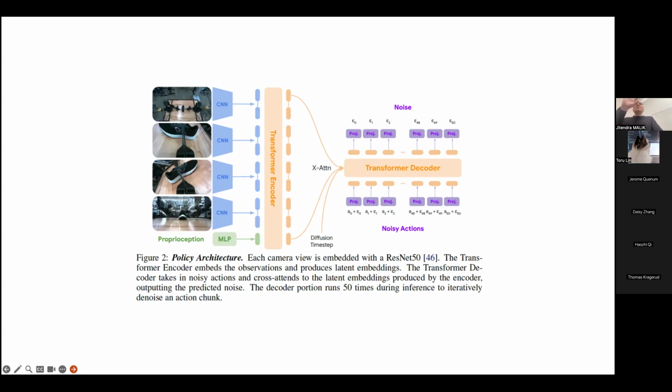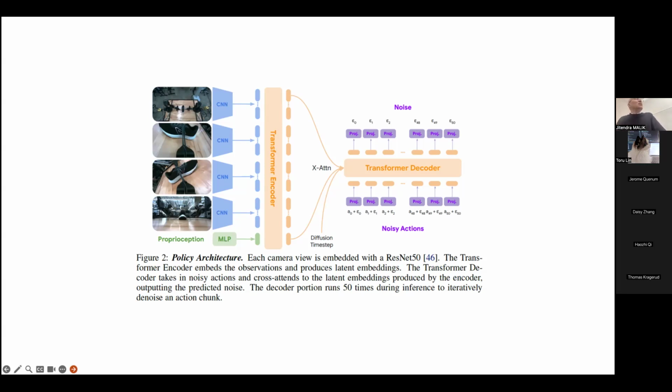By the way, please correct me if I give some details which are wrong, because I'm going by memory and you may have read this paper in more detail. Then you have this transformer decoder, and what is this doing? Our goal is really to predict the actions. But the way these diffusion models work is that you try to predict the noise, and then of course by subtraction you get the action.